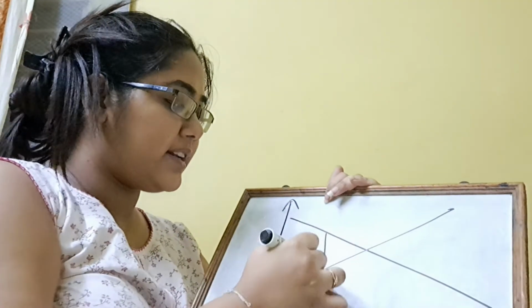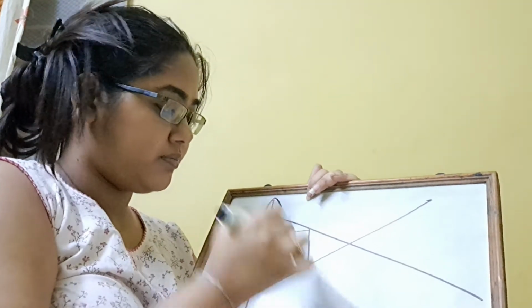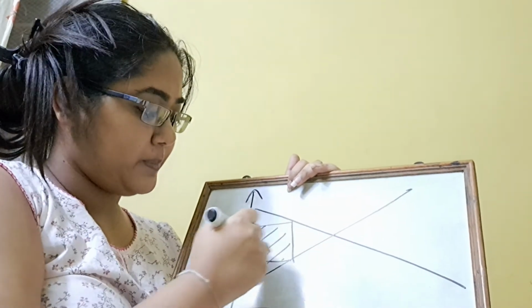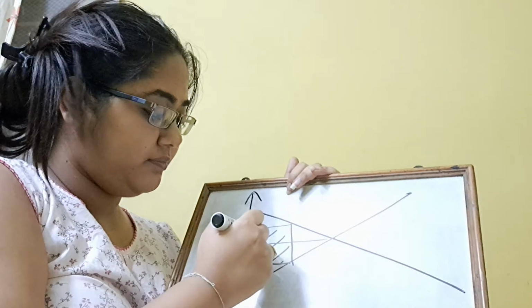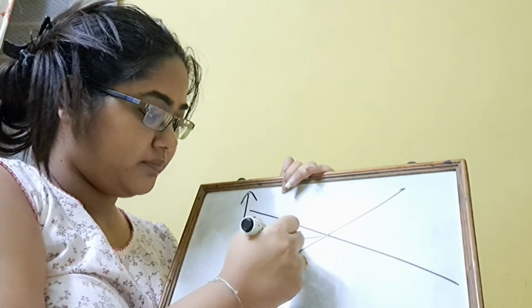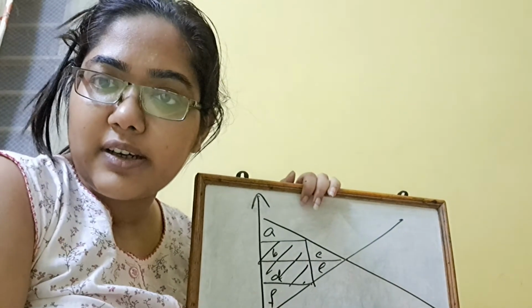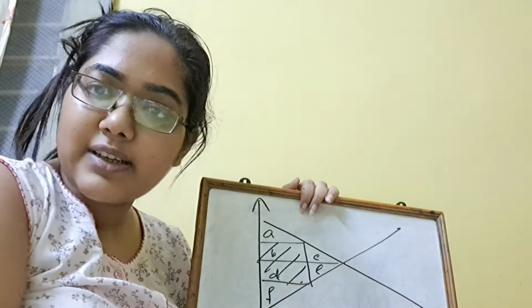I am just saying that this is the tax revenue. Okay. What is the consumer surplus here now? A is the consumer surplus.